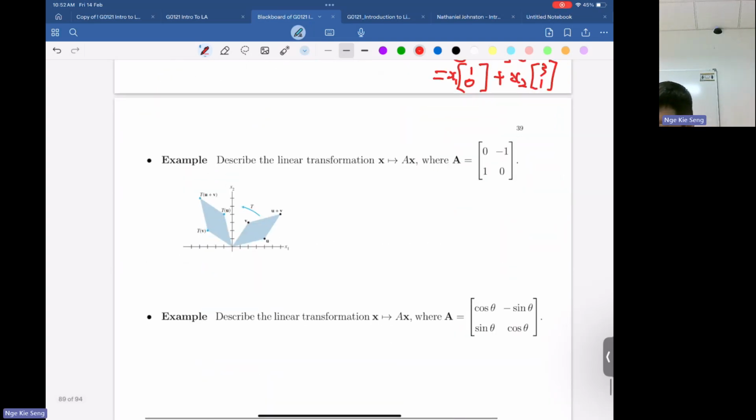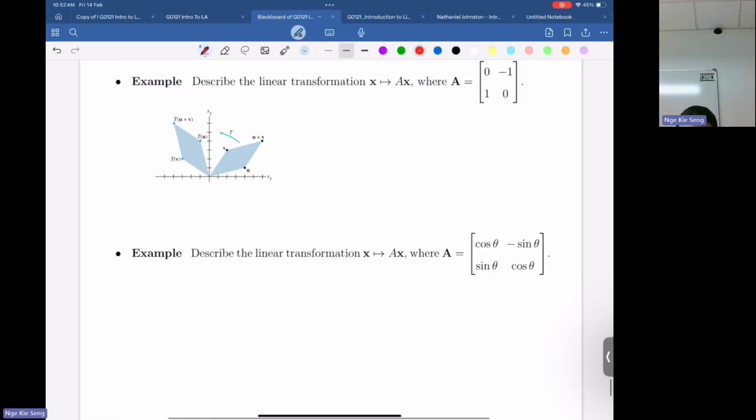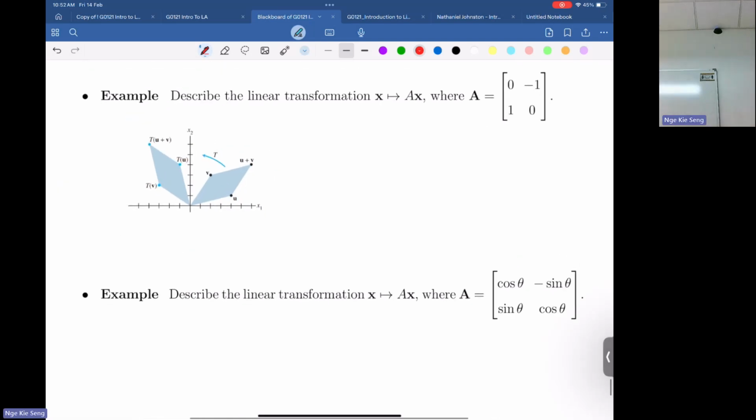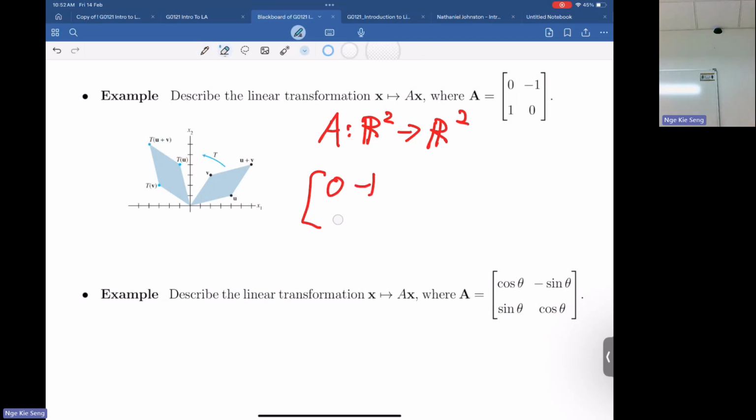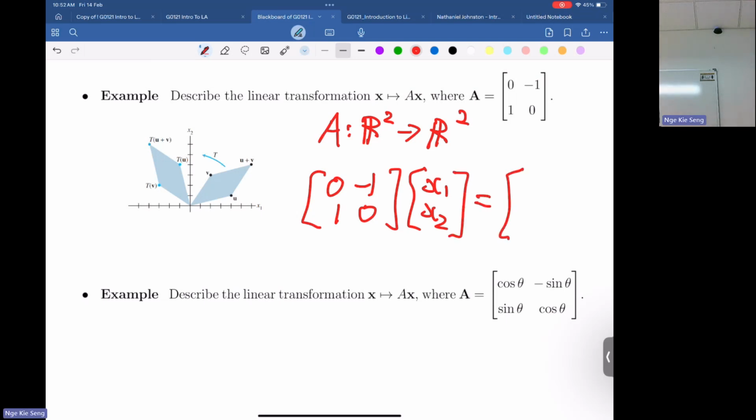How about the next one? This is also a map from R2 to R2. What happens if you inject a random R2 vector into it? What I get is minus x2, x1. You know how to compute this?